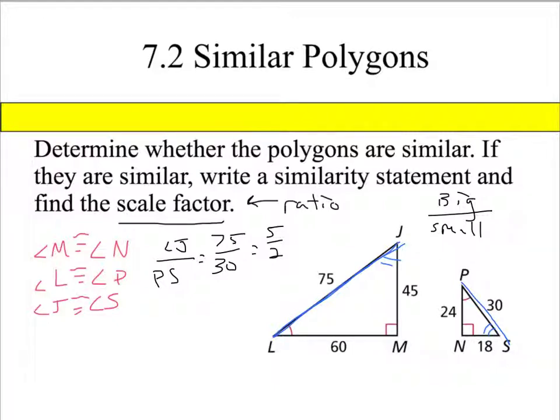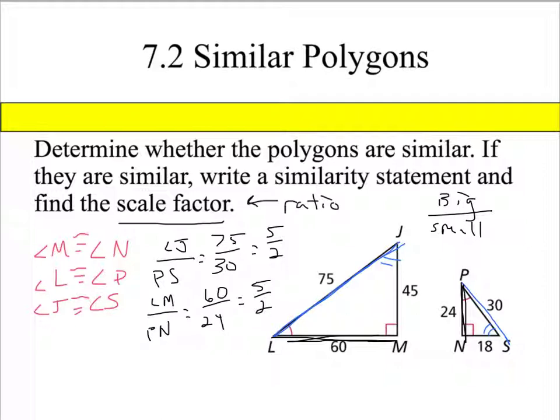Next one, I am going to put LM, this side, and that's going to be the corresponding side of PN. So LM over PN, and that side is 60 over 24. And when we break this down, we can divide each one by 12, and it's 5 over 2.